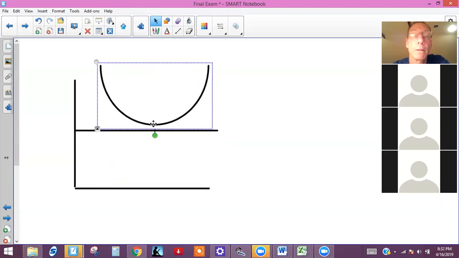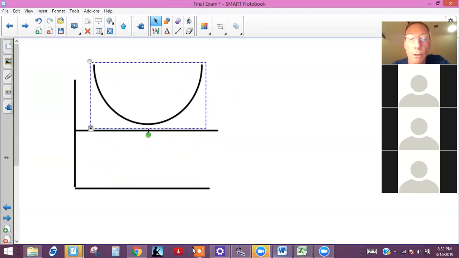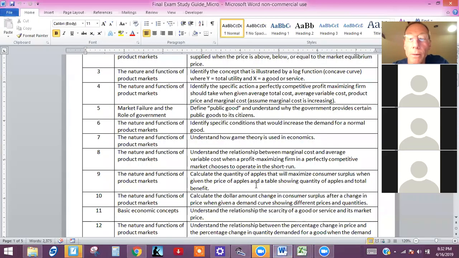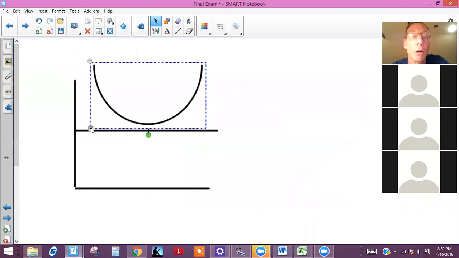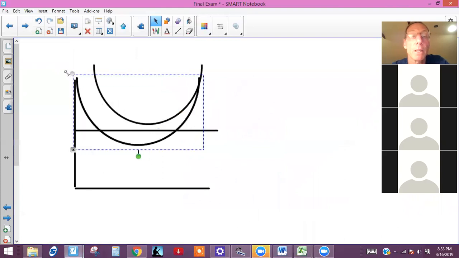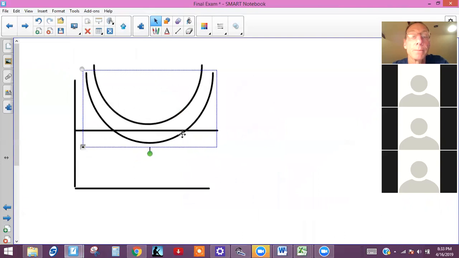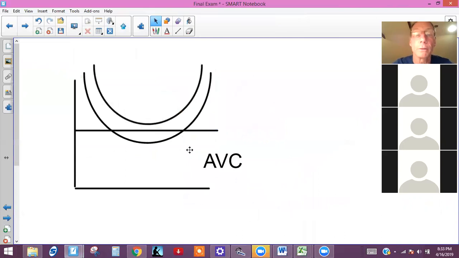Let me jump back over here to see what we have to have, right? Average variable cost. Okay. So we've got that one, and then let's clone that, and we'll call that. So the average variable cost, let me stretch it out a little bit, is here, right? So this is average variable cost, the lower one right here, okay?